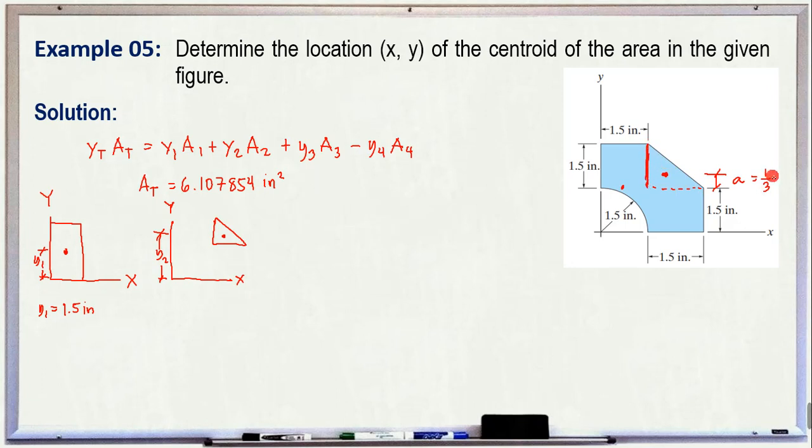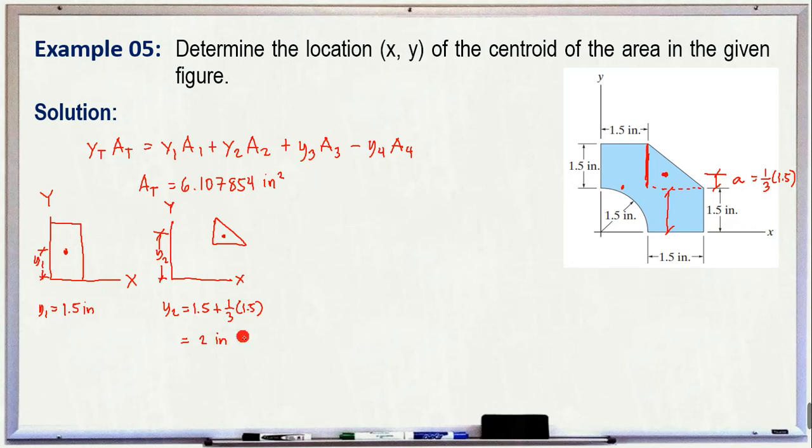The height here is 1.5. So therefore our y sub 2 is just equal to this height right here, 1.5 plus 1/3 times 1.5. If you calculate this, that is equal to 2 inches.